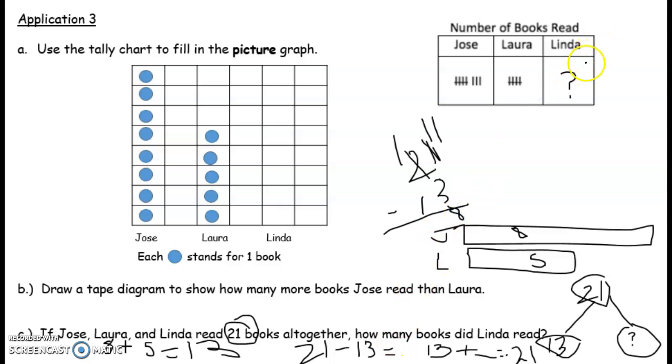So now we know that this right here should be what number? This should be 8. Linda read 8 books because 8 plus 5 plus 8, that is going to give us the total of 21 books.